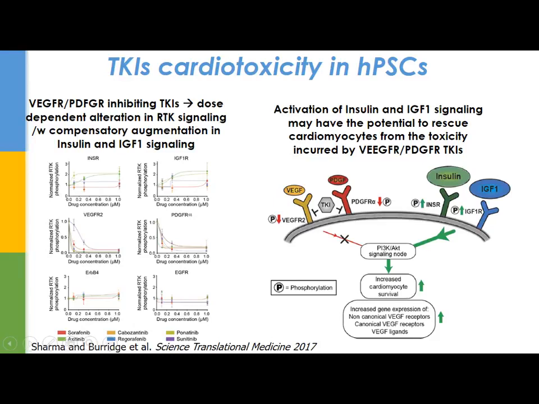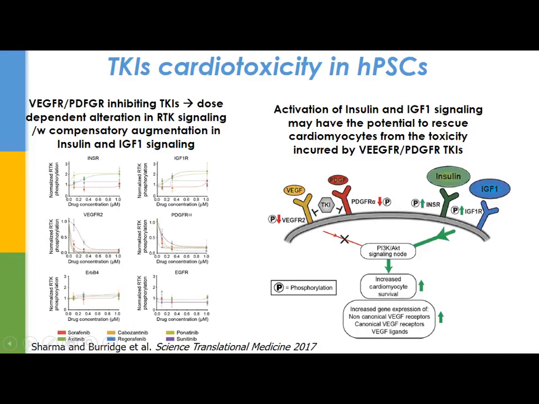And when they looked into pathway signals, the VEGF and PDGF receptor inhibiting tyrosine kinase inhibitors caused dose-dependent alteration in tyrosine kinase signaling. You can note here the downregulation of VEGF and PDGF signaling, but no effect on ERBB4 or EGFR, but a compensatory augmentation in insulin and IGF signaling.